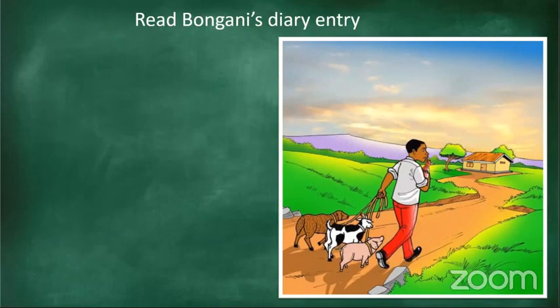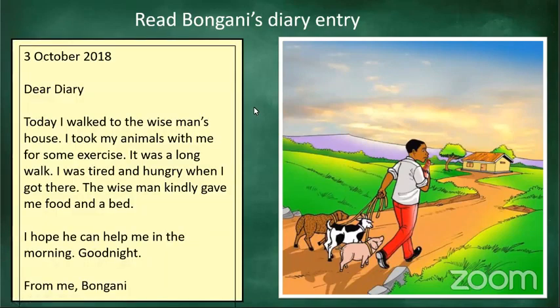We're going to work from this picture here. This is Bongani. Remember, he couldn't sort out his family's problems, so he's off to the wise man, and he's taking along his 4 animals. Right. So let's read what he says.